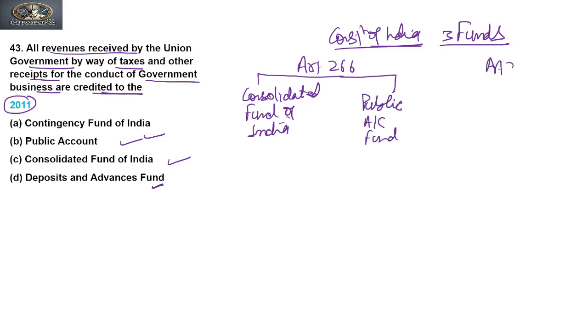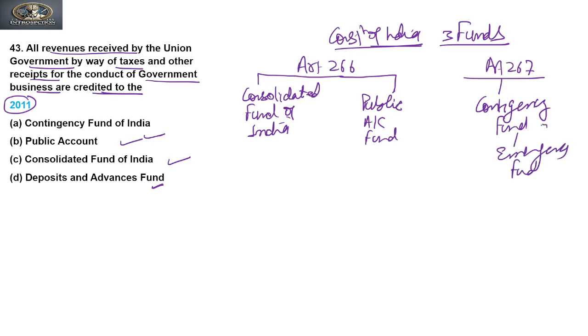Whereas Article 267 talks about the Contingency Fund, also known as the Emergency Fund of India. Clear?